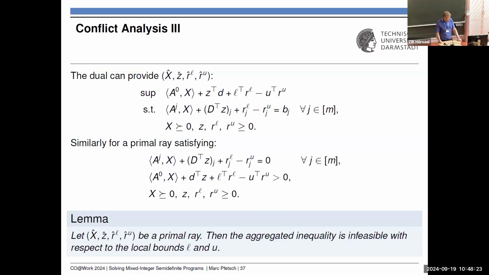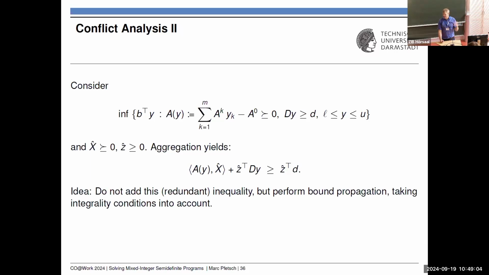The lemma at the bottom says, if you take, for instance, the primal ray and derive the cut from the previous slide, so you take the X hat and the Z hat from one of those two, then this cut will be infeasible if you have such a primal ray. This means your node is infeasible. So this is just a confirmation that the inequality that we derived is actually able to certify that the node is infeasible.